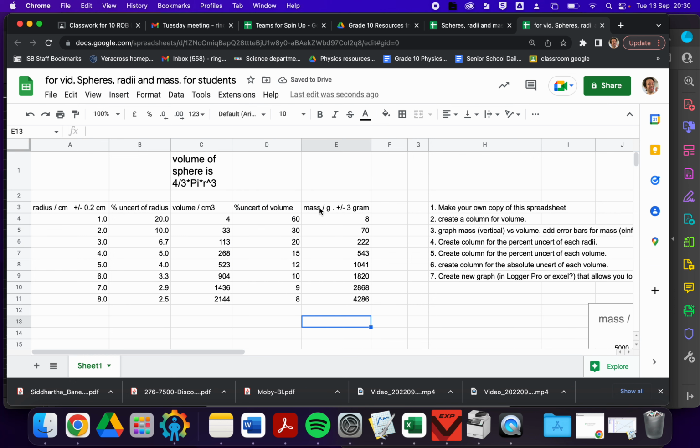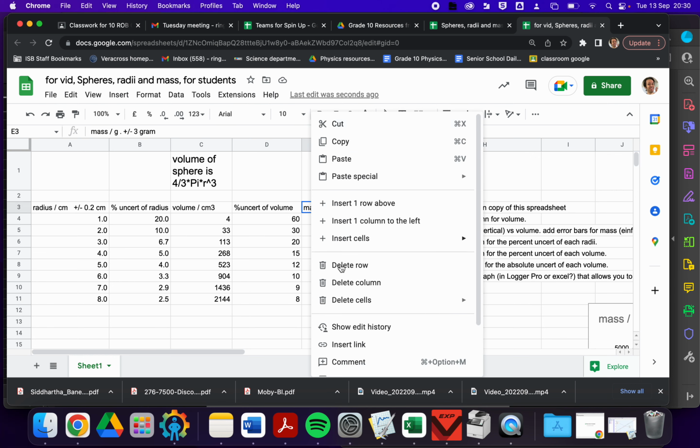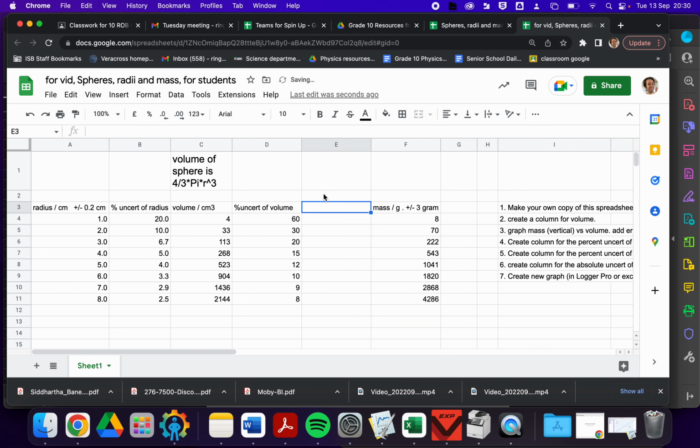And then I will need to calculate the absolute uncertainty. So I'm going to put in one more column to the left, and I'm going to call this absolute uncert of volume in cubic centimeters, and I'm going to put an equal sign.